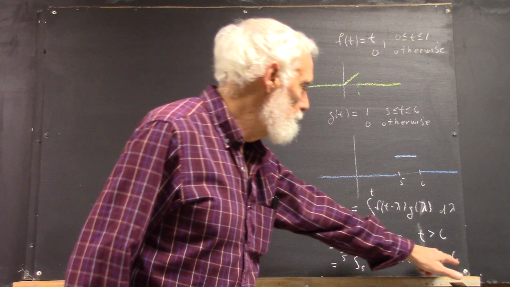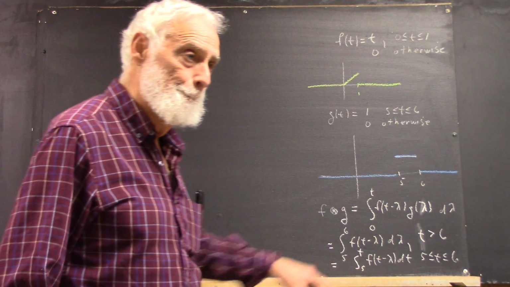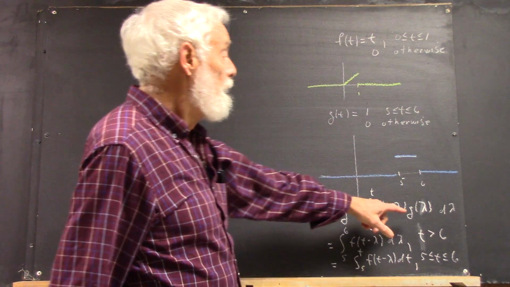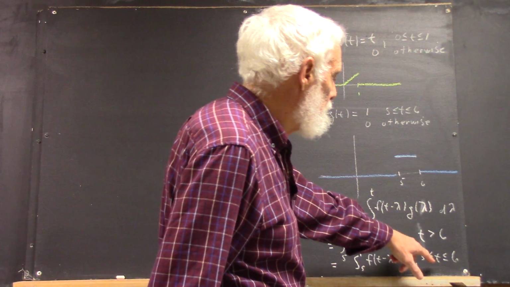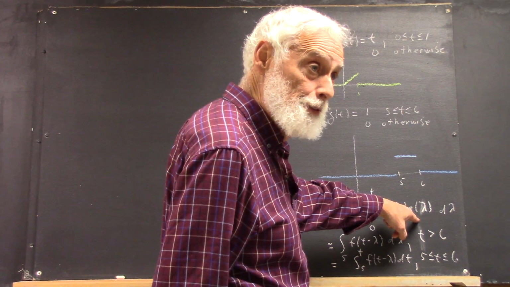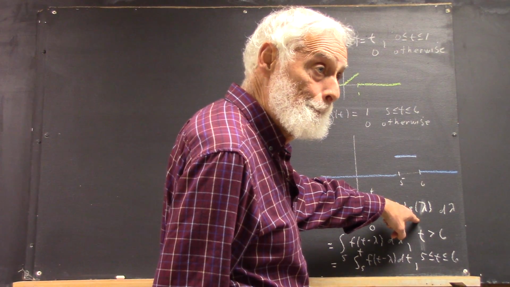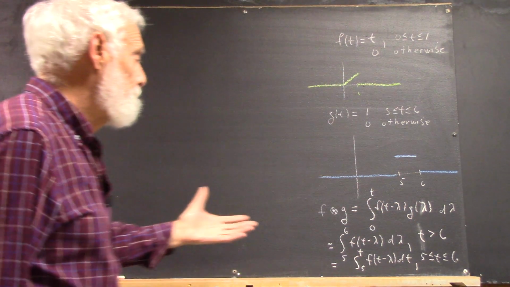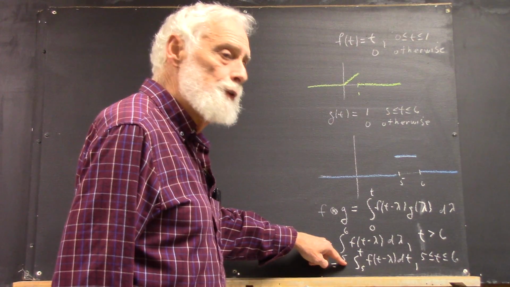For t between 5 and 6, it's equal to this. Again, simply because outside the interval from lambda equals 5 to lambda equals 6, g of lambda is 0, right? Okay? Okay, so what's this integral then?